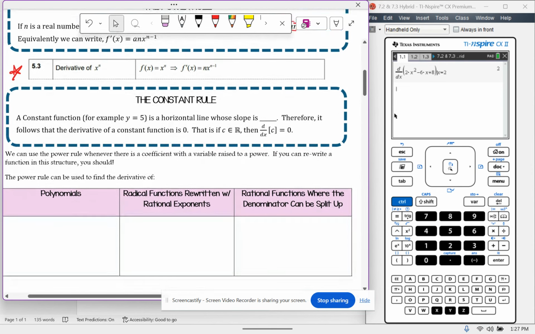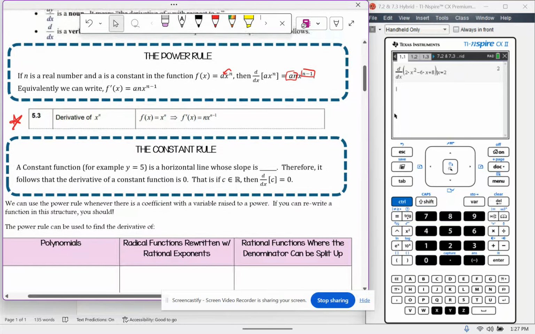The constant rule is the same thing as the power rule, right? Because what is a constant? A constant is 5 times x to the 0, right? Where x to the 0 is 1, so we just have plain old 5. So if I dropped that 0 down in the front and multiplied 0 times 5, it wouldn't matter what came next to it. The derivative of a constant will always be 0. And that's because the power of 0 dropped down and multiplied by the front, okay?